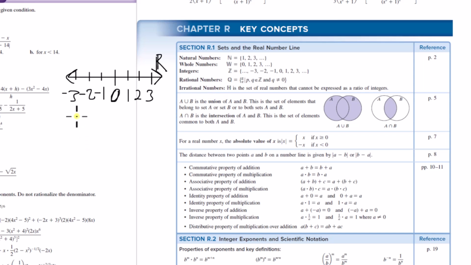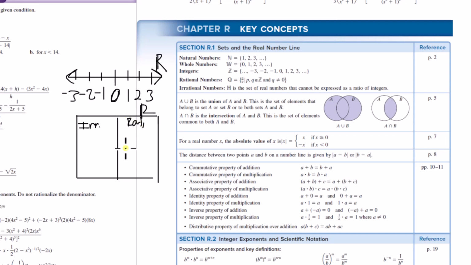So you take all real numbers, this entire number line, and you could have its own group. Over here were the irrational numbers, and then over here were the rational numbers. But subsets of the rational numbers were the integers and the whole numbers and the natural numbers, which were subsets of each other.